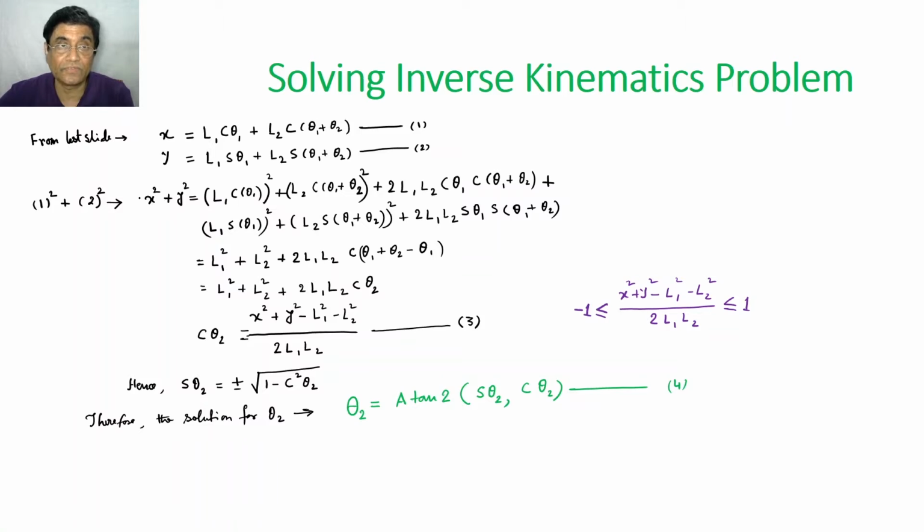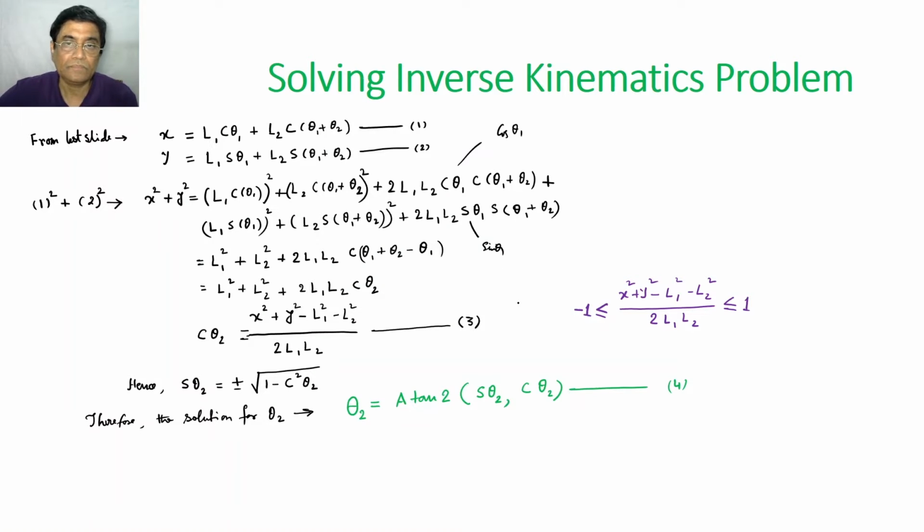For the first inverse kinematic solution, you are getting training, very simple: squaring and adding. You see, this square plus this square plus twice L1 L2 cos theta 1 plus cos theta 1 plus theta 2. So C theta 1 means, of course, cos theta 1, and accordingly this is sin theta 1, that you know.